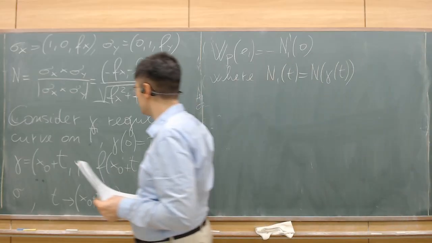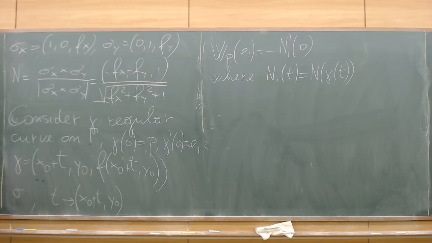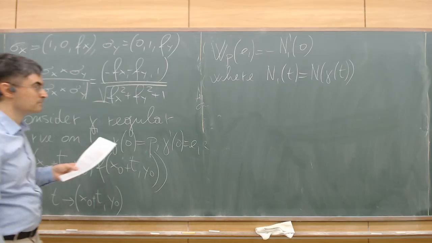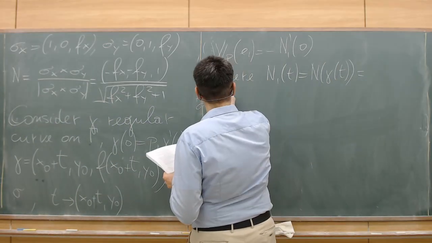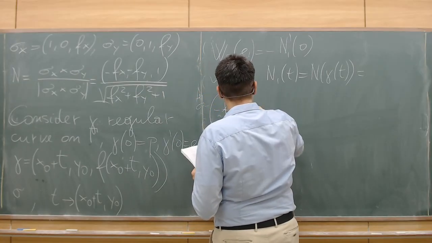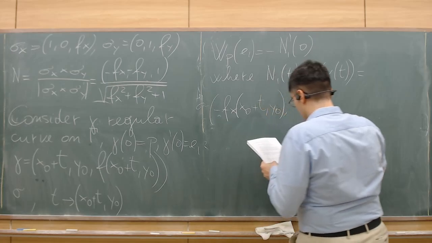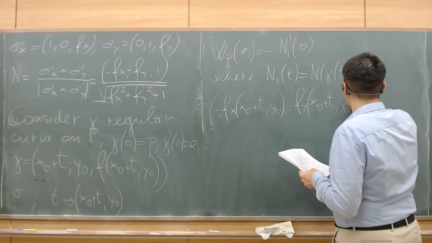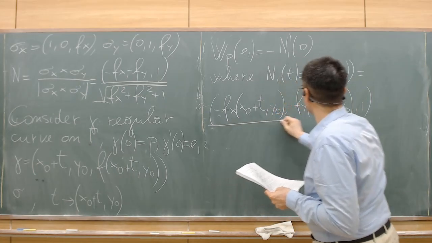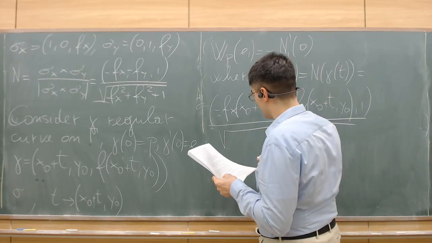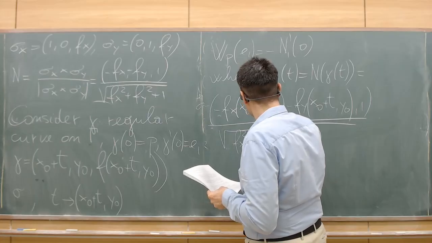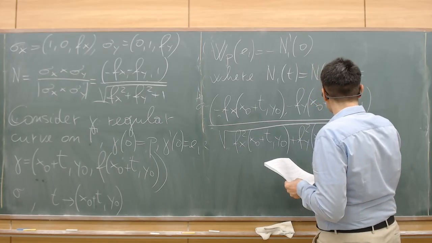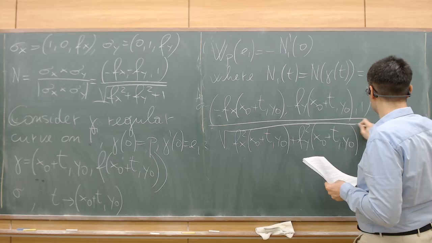So this means that I have to evaluate this function along this curve, and this is minus fx of x0 plus t, y0, minus fy of x0 plus t, y0, 1, divided by the square root of fx squared at x0 plus t, y0 plus fy squared at x0 plus t, y0 plus 1.